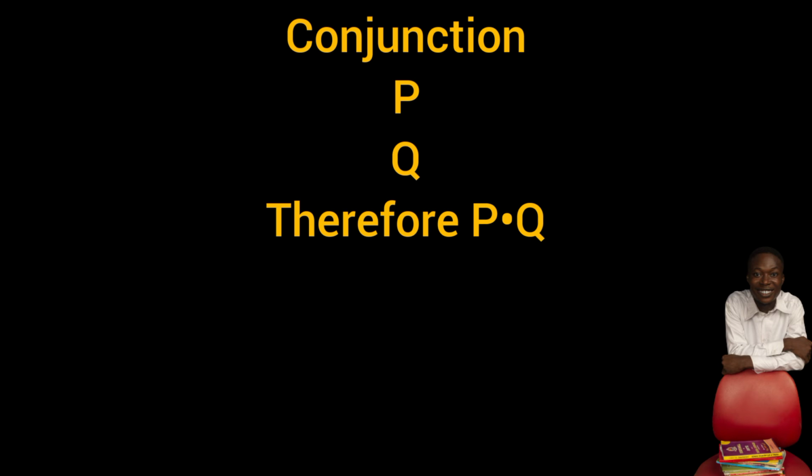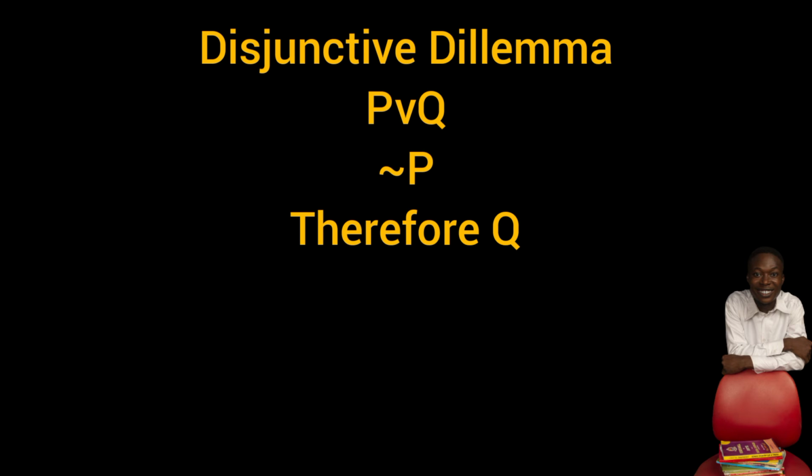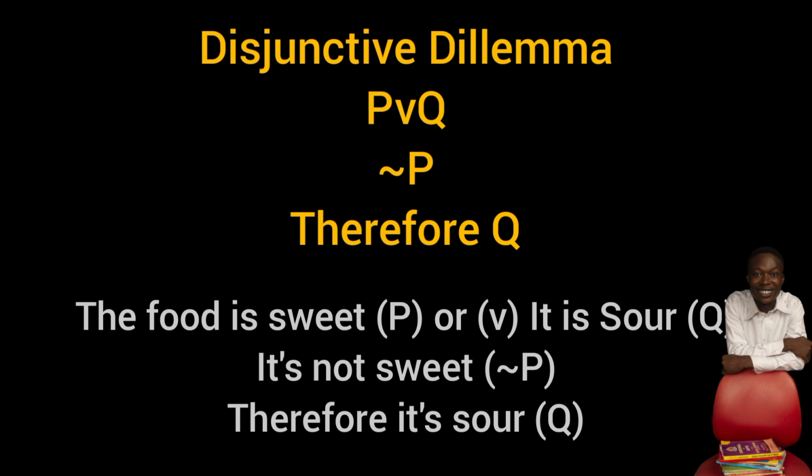Now there is the disjunctive syllogism, and the rule states that P or Q, not P, therefore Q. Listen again. P or Q, not P, okay, therefore it is Q, right? So we can say P stands for the food is sweet.